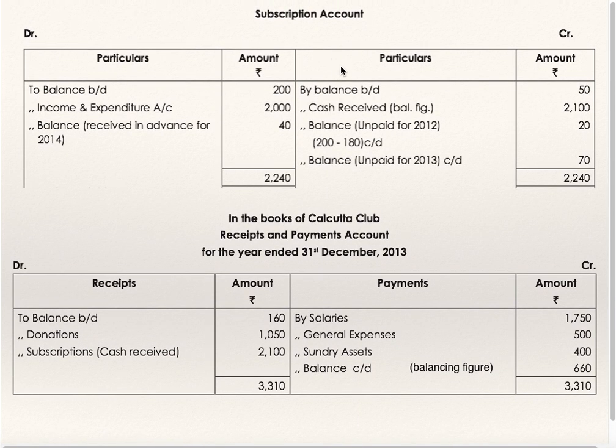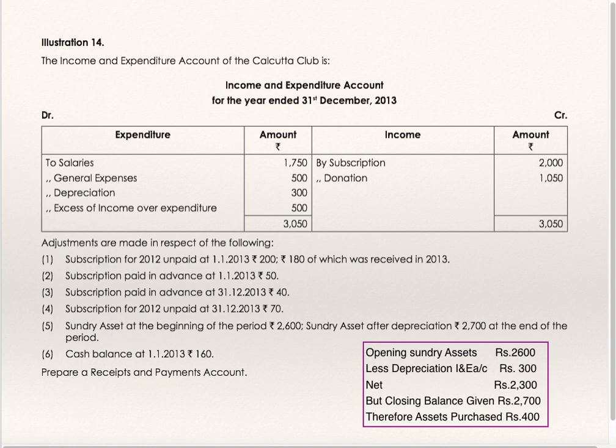This is subscription account, opening outstanding 200, closing outstanding current year's 70, last year's 20. Opening prepaid 50, closing prepaid 40. Subscription as per income expenditure account is 2000. Subscription which should go to receipt payment account is balancing figure 2100. To balance brought down 160. Opening cash in hand is given 160.